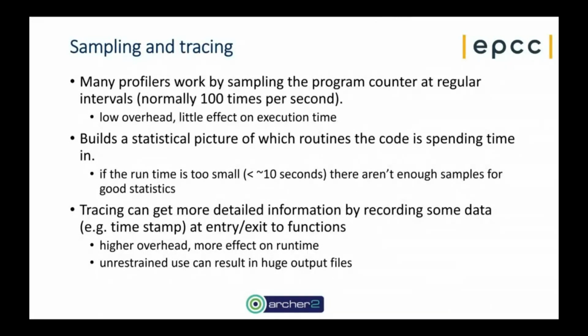Something like 100 times a second, the program will be stopped, the program counter location will be sampled and recorded, and then the program will move on. So this is reasonably low overhead, adding 10, 15% to runtime, but it'll get you an overall sort of large scale picture of where the time is being spent in your application.